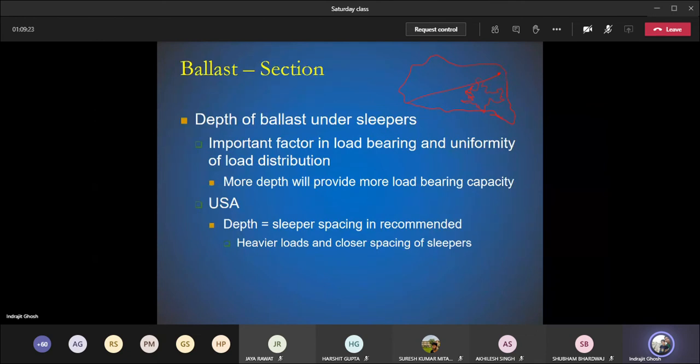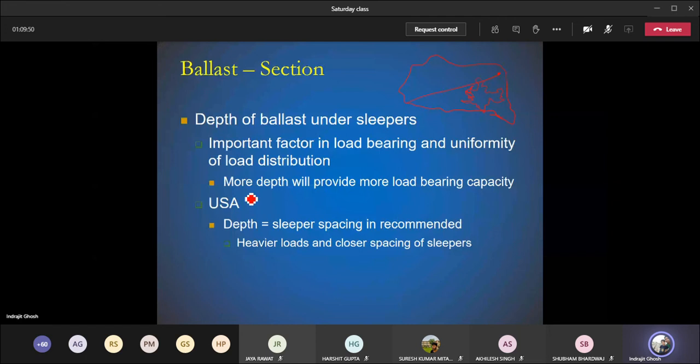But normally, the train is used in the United States for the movement of freight or goods. Now, when you are transporting goods, obviously your objective will be to maximize the loading with respect to the cost. So that's why they have a heavier amount of loading for each train.